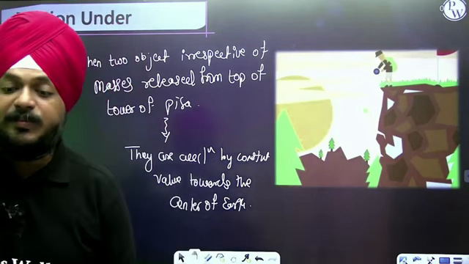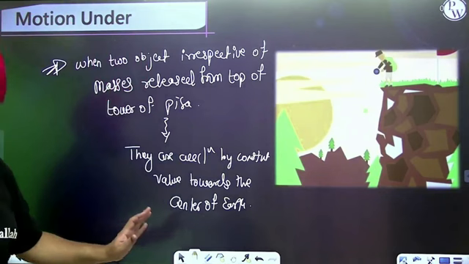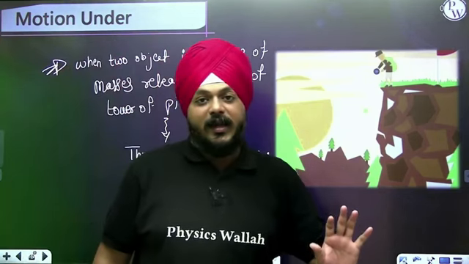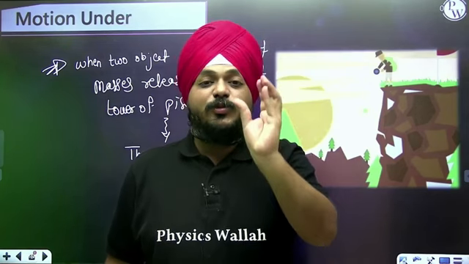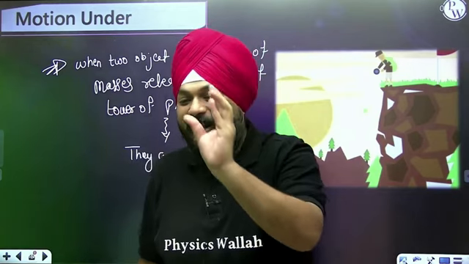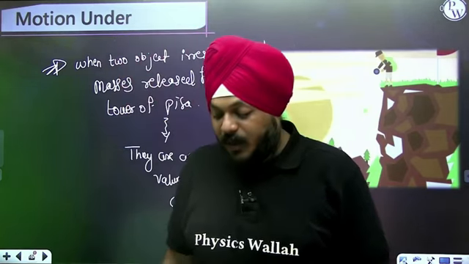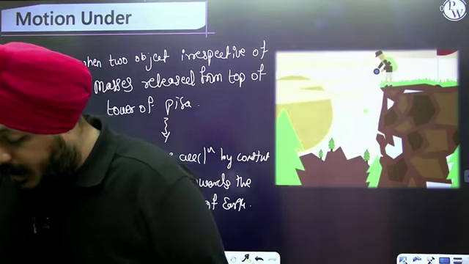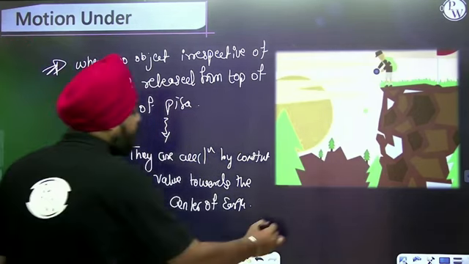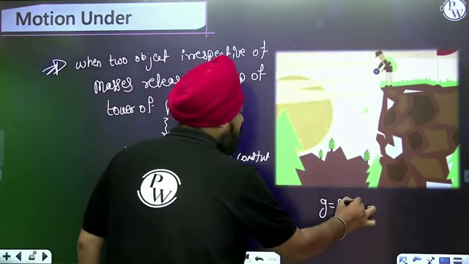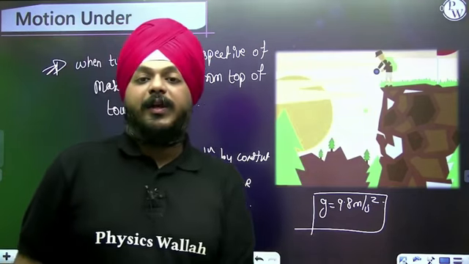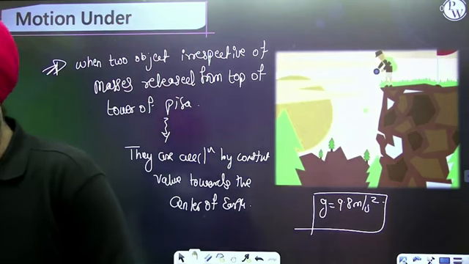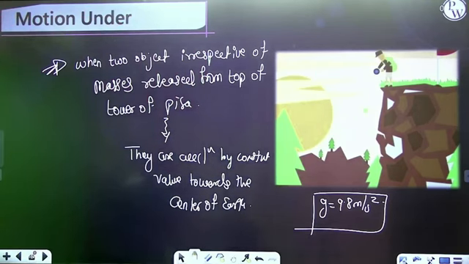It is known as motion under gravity because this acceleration is the gravitational acceleration of the Earth, whose value is g equal to 9.8 meter per second square. Yes or no?